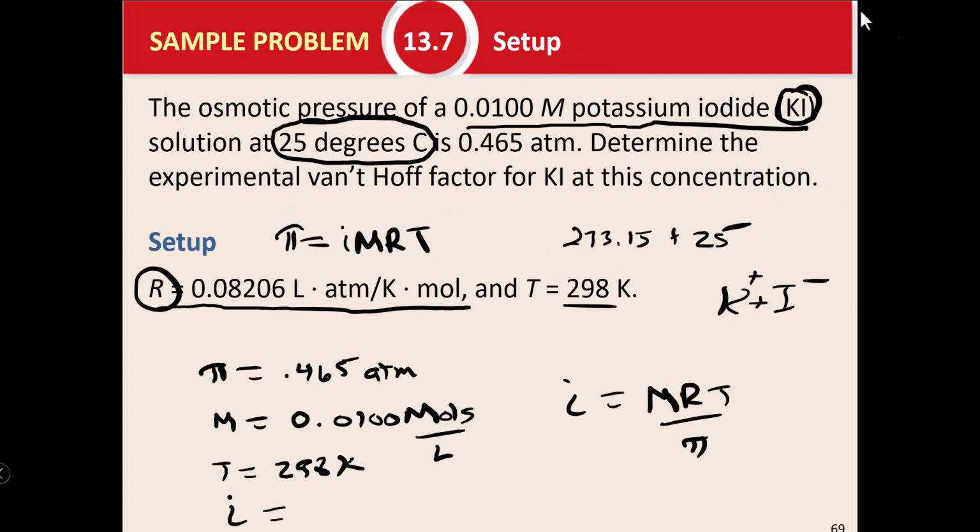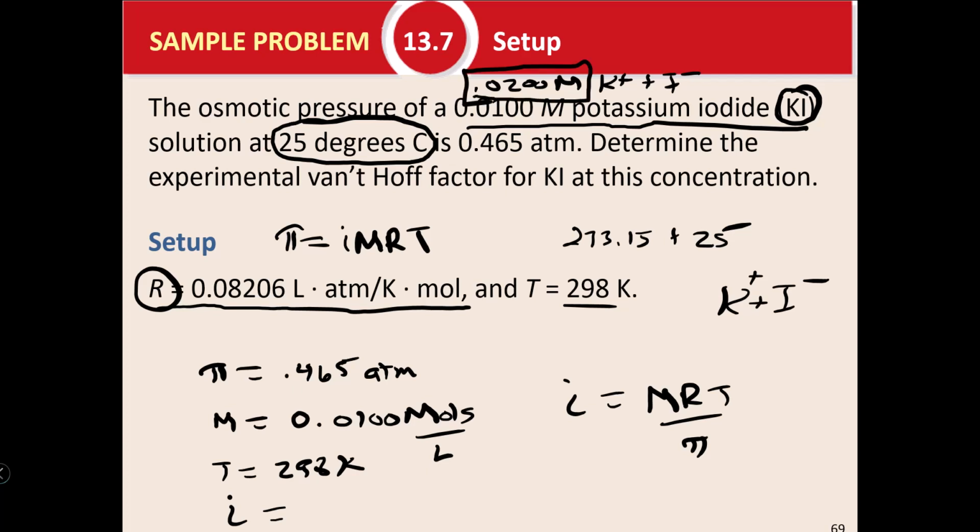If this broke apart, or dissociated, 100%, then you would expect this to be 0.0200 molar in particles, of potassium ions plus iodide ions. But we can't say that. That's what the calculated value would be.